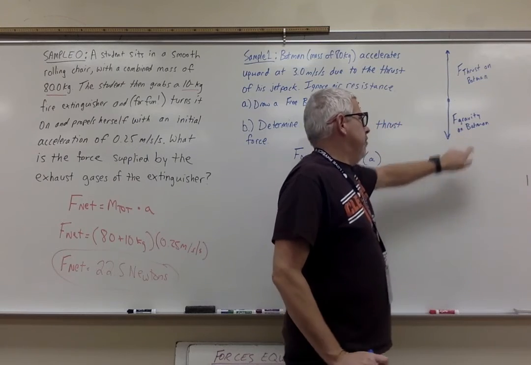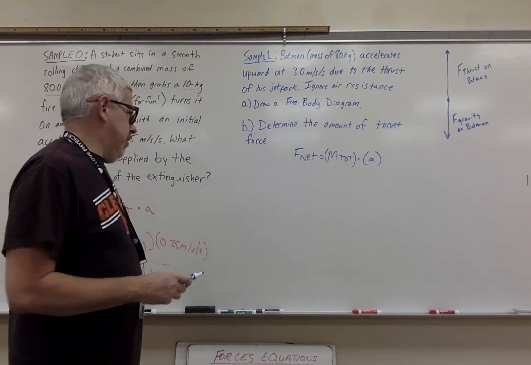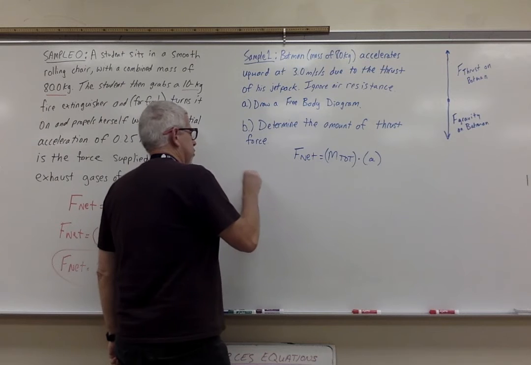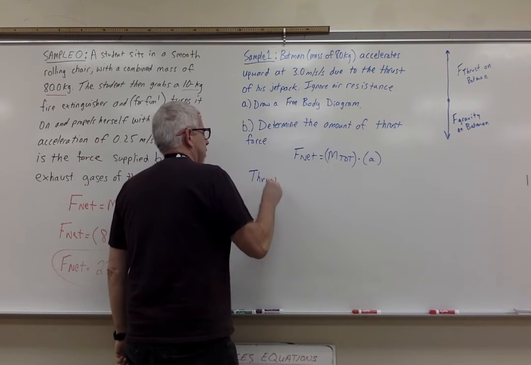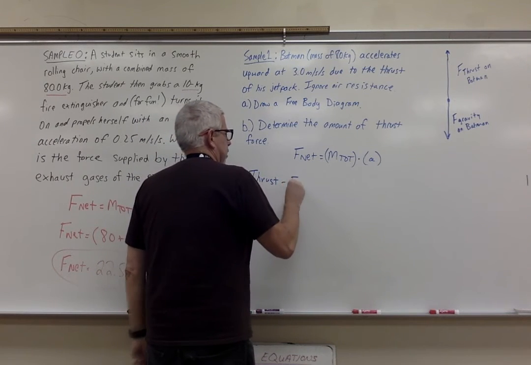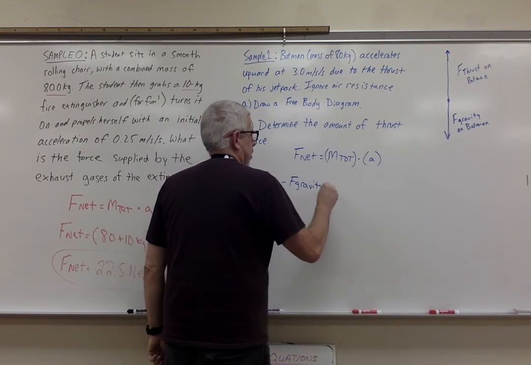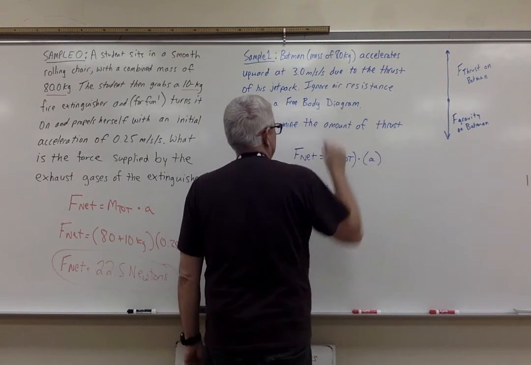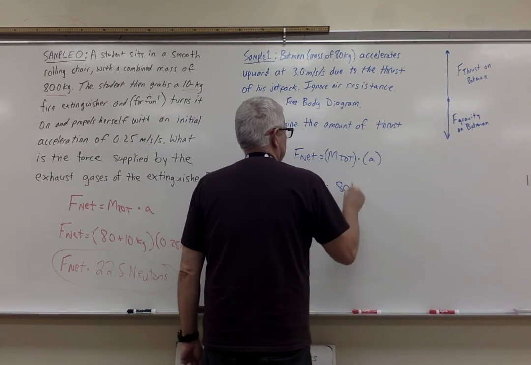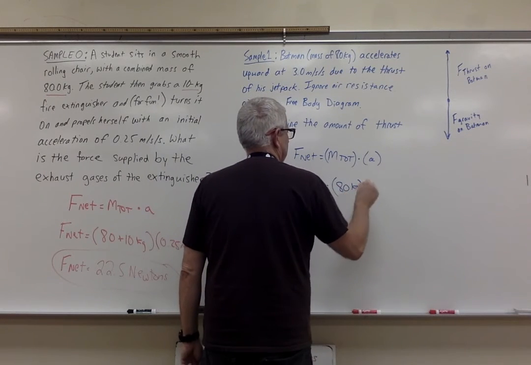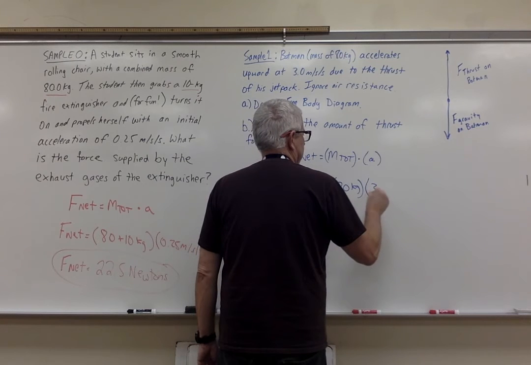There's thrust upward and gravity acting on Batman downward. So I'm going to say thrust minus force of gravity is equal to m total, 80 kilograms, times acceleration, which is 3 meters per second squared.